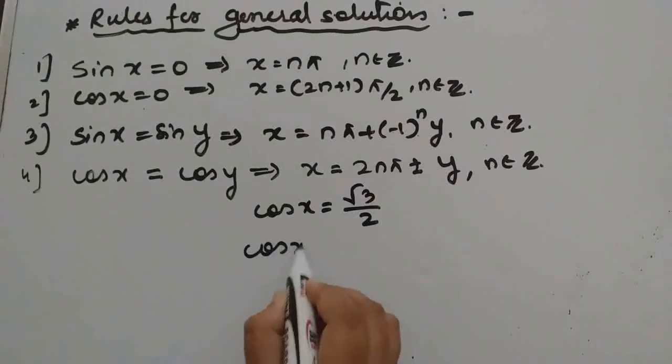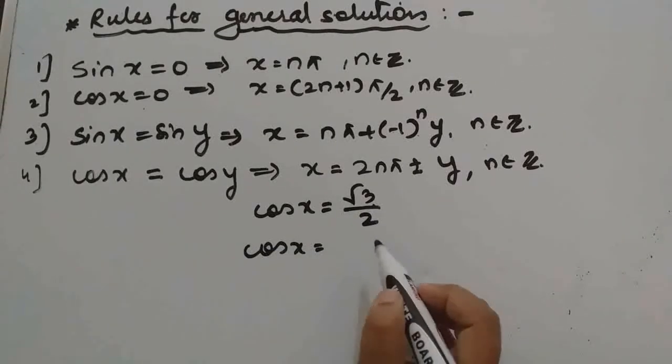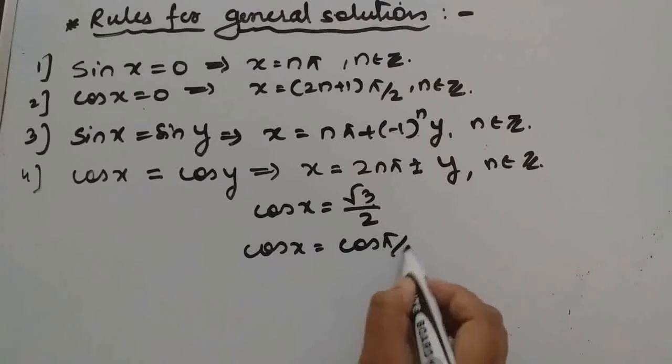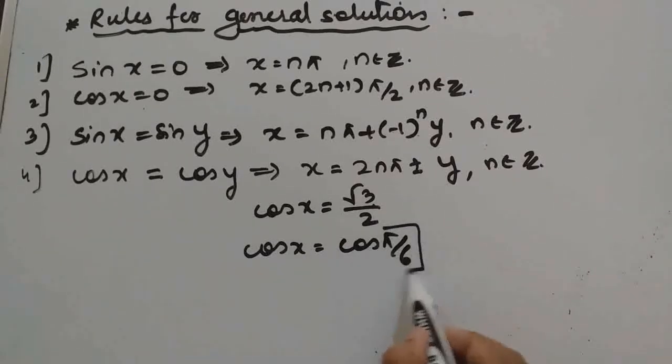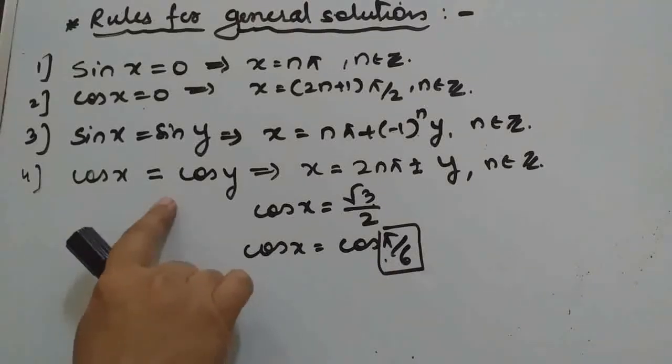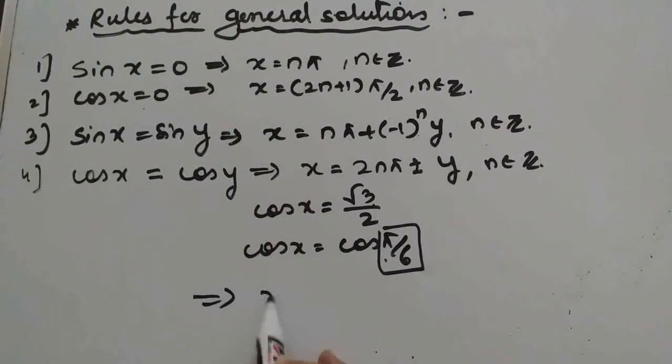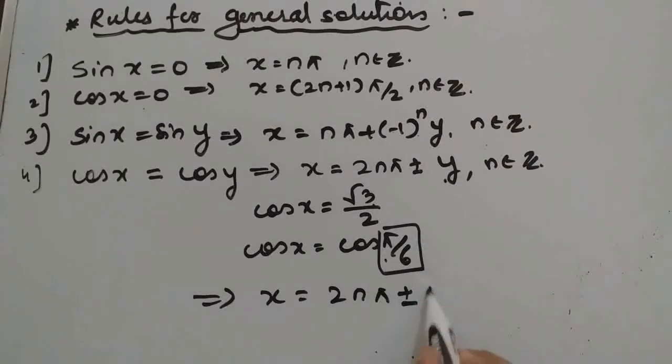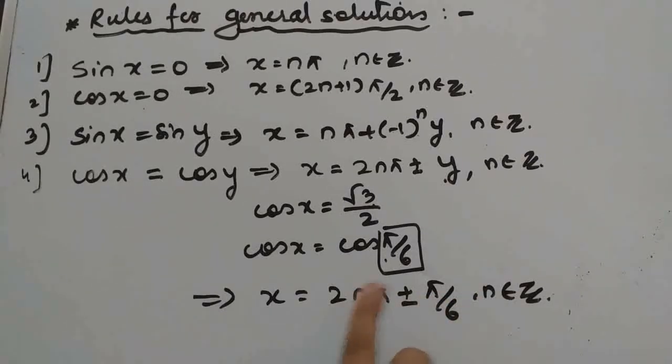We know cos 30 is root 3 by 2, meaning cos pi by 6 is root 3 by 2. So here y is pi by 6. See, cos x equal to cos y, this form. So in general the solution will be 2n pi plus minus y, y is pi by 6, n belongs to Z. Now to get different solutions, just substitute different n values.